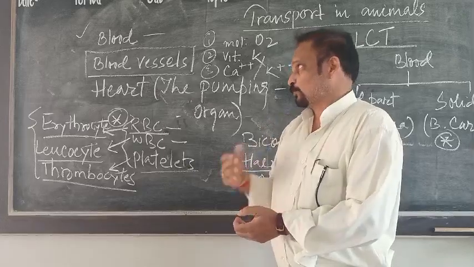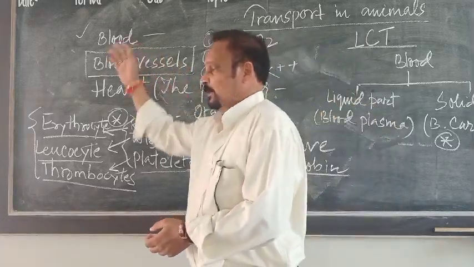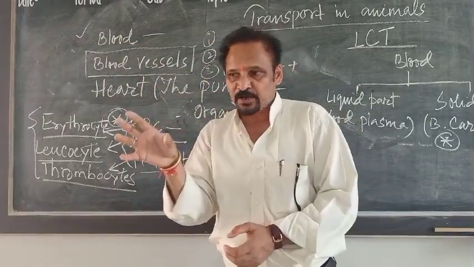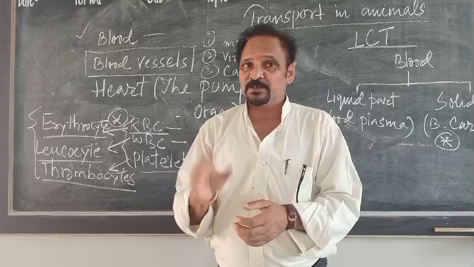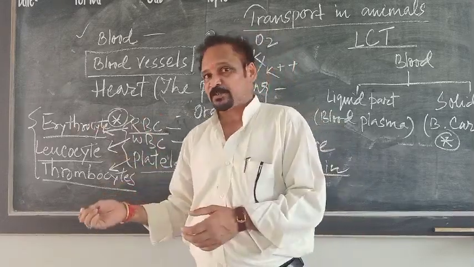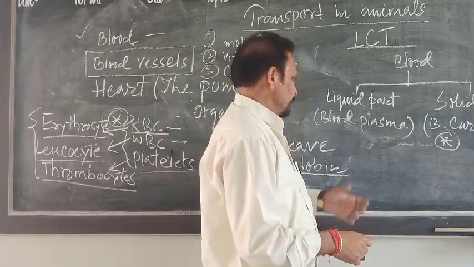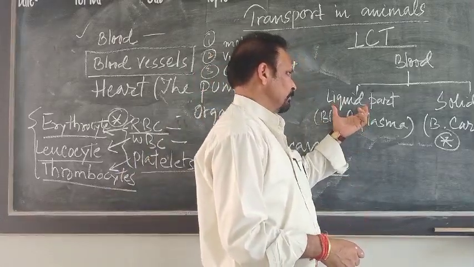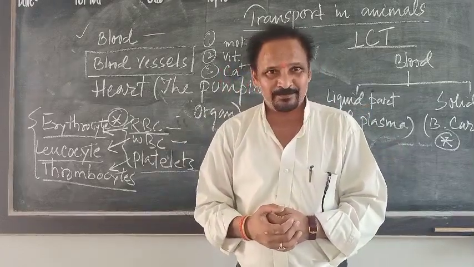We have studied about the blood, the solid part of blood and the liquid part of blood. We have studied the responsibilities of the solid part of blood. But in the next online class, we will study the responsibility of the liquid part of blood, that is blood plasma.